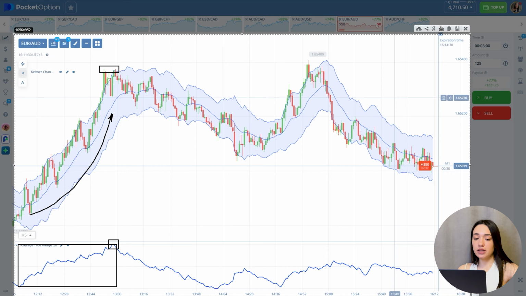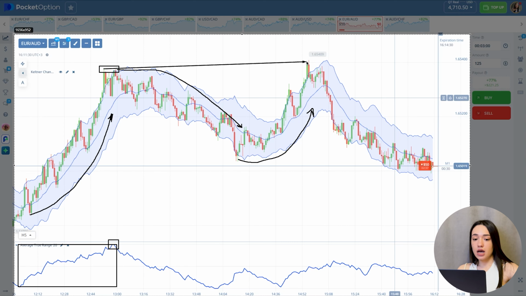After that, the price moved into a pullback, a correction. And then again, we see a move upward. By the way, a new global high was updated. That is why just now we again have a corrective movement.